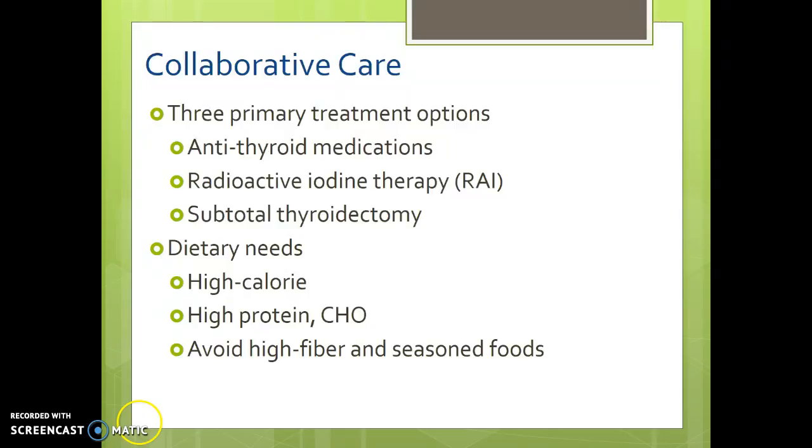They may need to have a partial or total thyroidectomy to take away some of the excess growth of the benign tumor, if that's what's causing it. They will have high calorie, high protein, and high carbohydrate dietary needs, but they do need to avoid high fiber and seasoned foods.